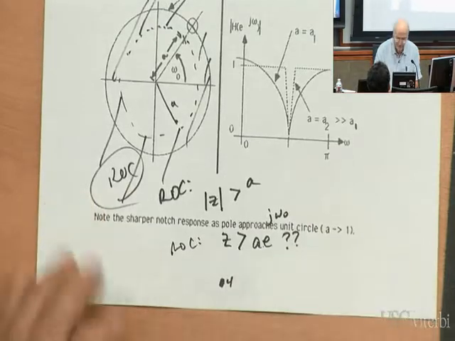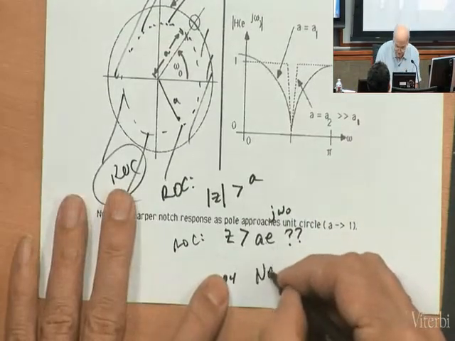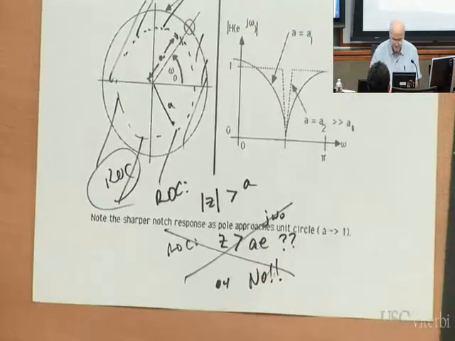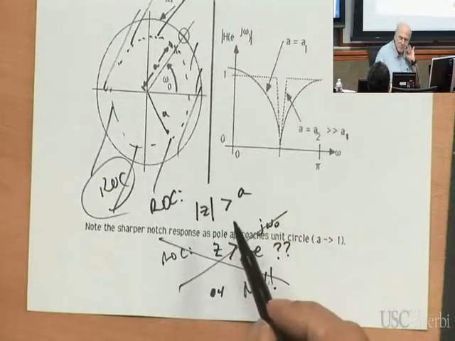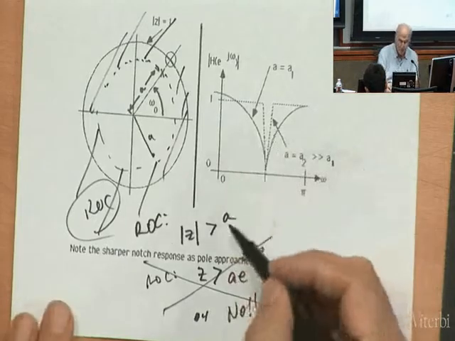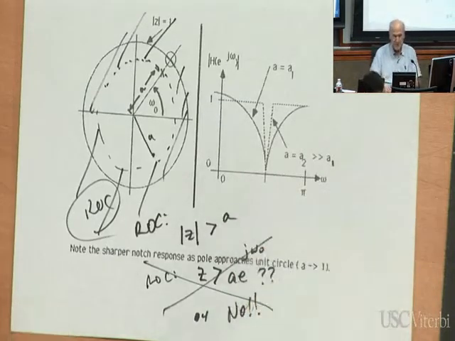And the answer is no. Absolutely no. This is not a region of convergence. The complex magnitude of z is greater than a, which implies that it is everything exterior to a circle with radius little a.